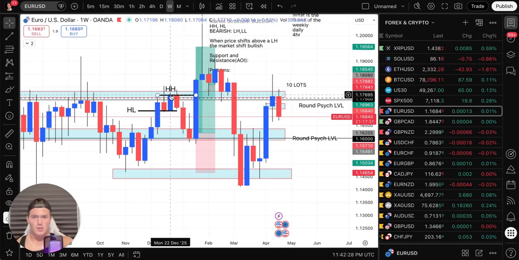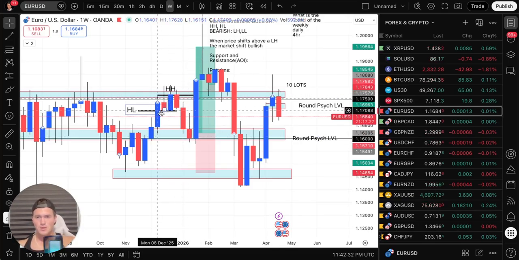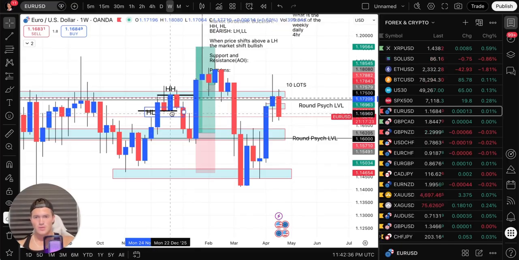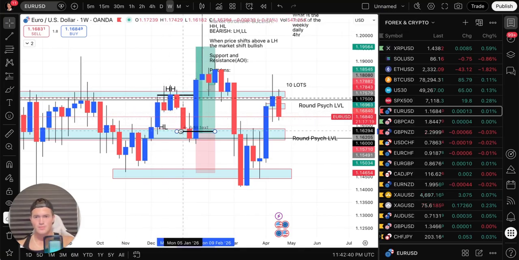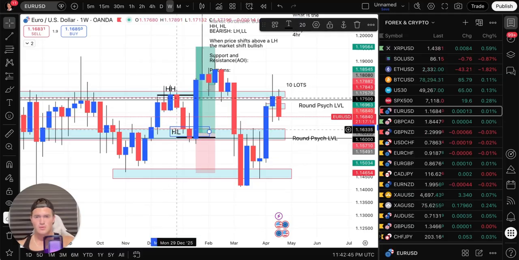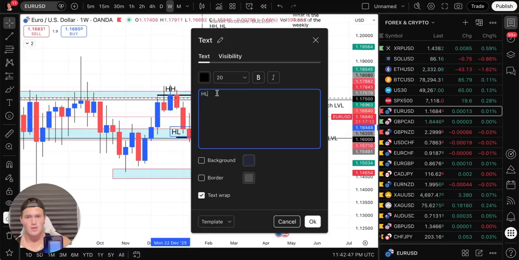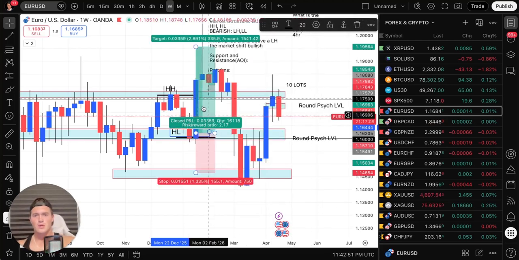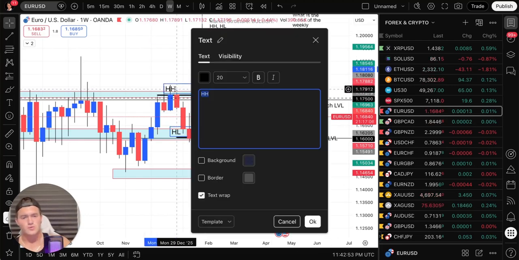Okay? Now look what happened here. We shifted back bearish. So what would happen? Well, this would become a lower low, and this would turn into a lower high.